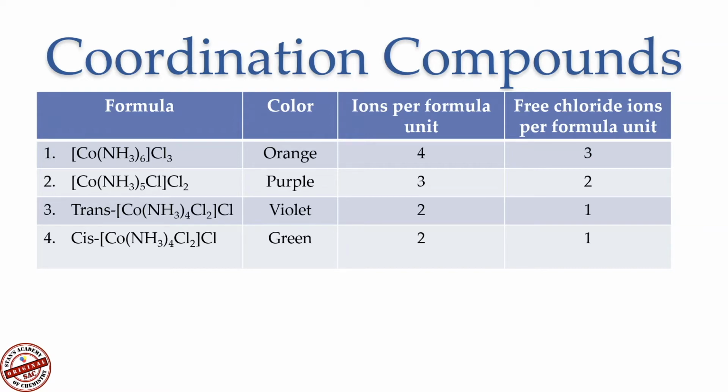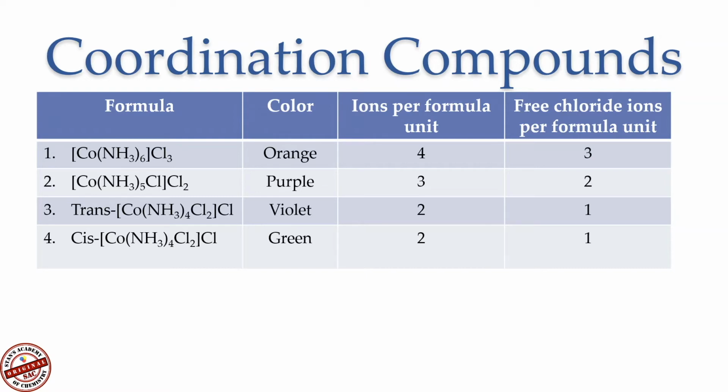The second one is Co(NH3)5Cl. Now inside the coordination sphere, you have 5 ammonia ligands and 1 chlorine. The chloride ions present outside have decreased because the oxidation number of cobalt is 3 positive. When a chloride comes within the coordination sphere, it satisfies two kinds of valencies, the primary as well as the secondary.